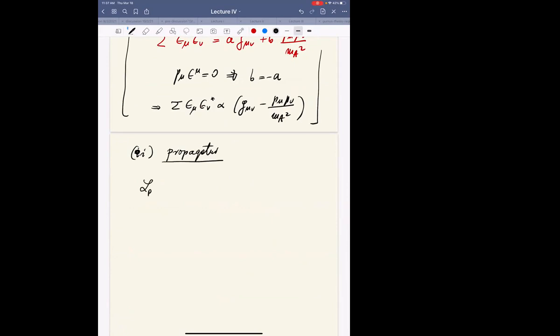I wrote the Proca Lagrangian as 1/2 A_mu [box plus m squared g mu nu minus d mu d nu] A_nu.